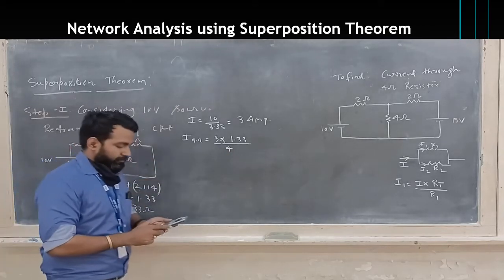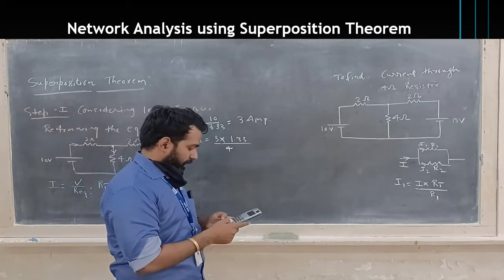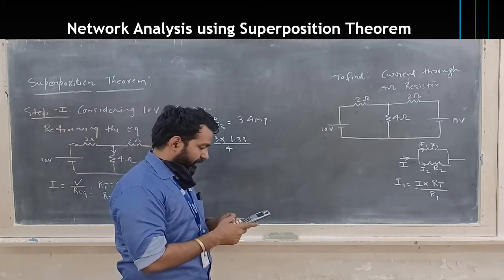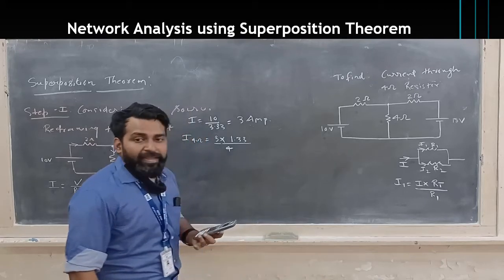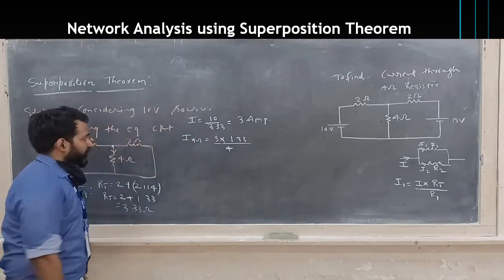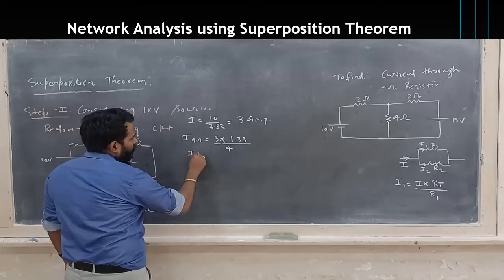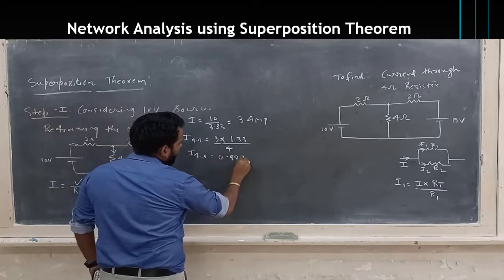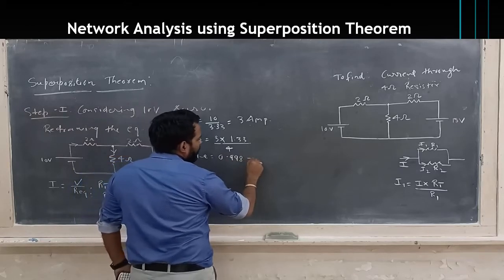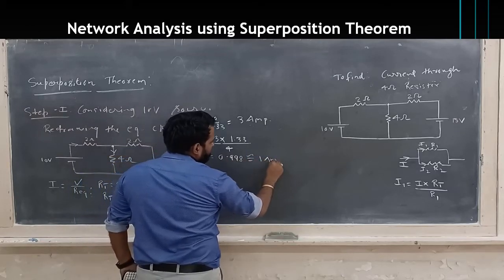So it is 3 into 1.33 divided by 4. It is 0.9984. So I through 4 ohm is 0.998, or you can also write it as 1 ampere.